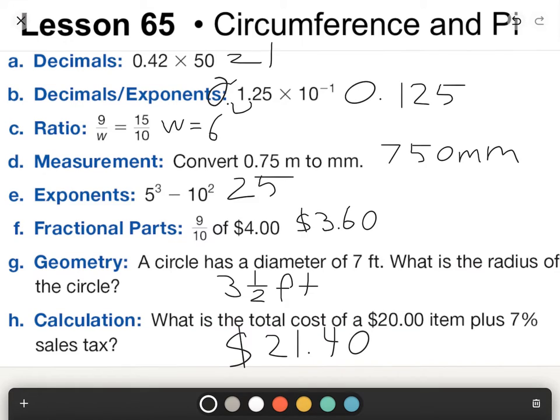How did I get it? I was thinking that 7% of $10 would be 70 cents, because that's 1/100th of it, and then I just doubled that to get it for $20. That was my mental math method with that.